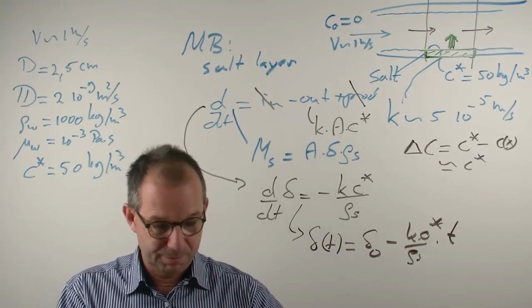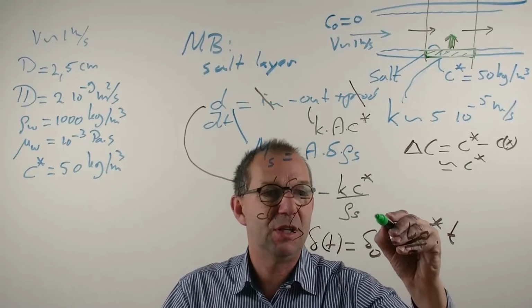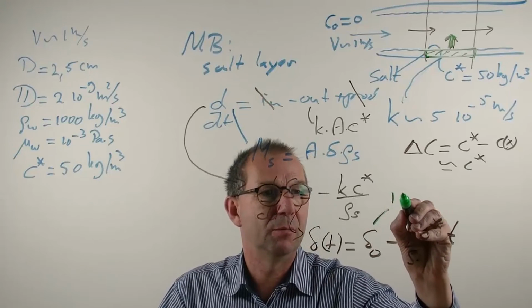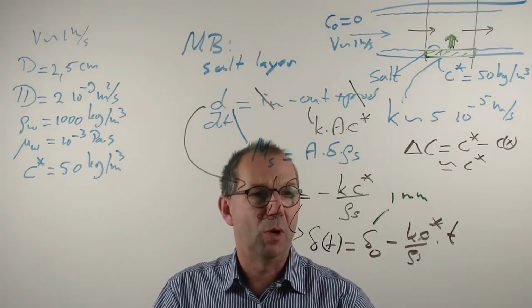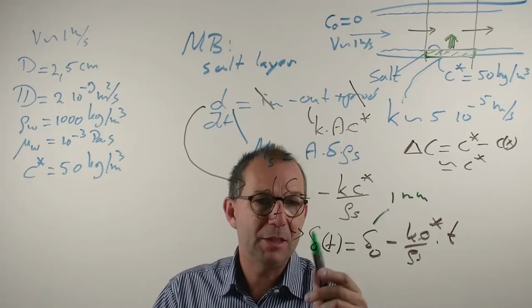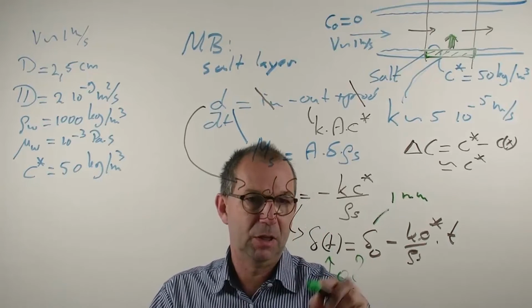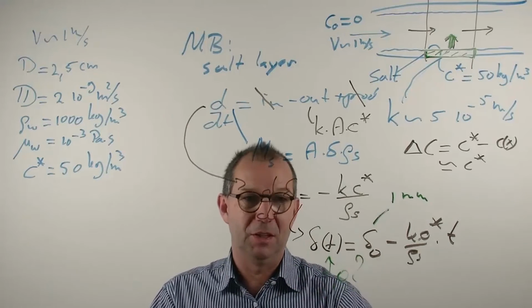To find out what that means, let's take that this is roughly 1 millimeter. We didn't want our layer to be too thick because the pipe is clogging. And we would like to know at what time this is 0. Not the time, but of course the thickness.